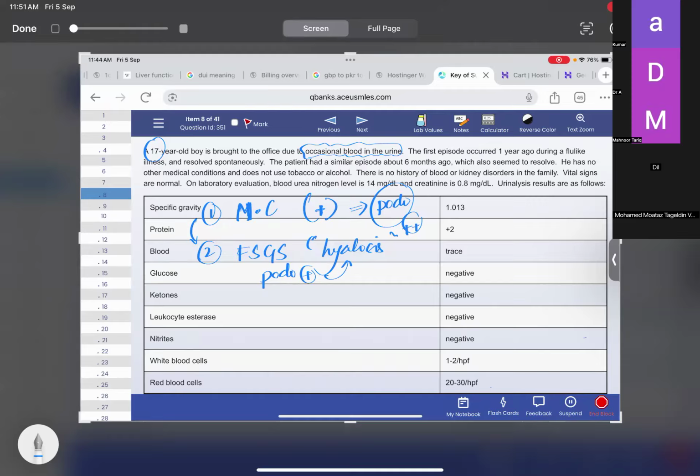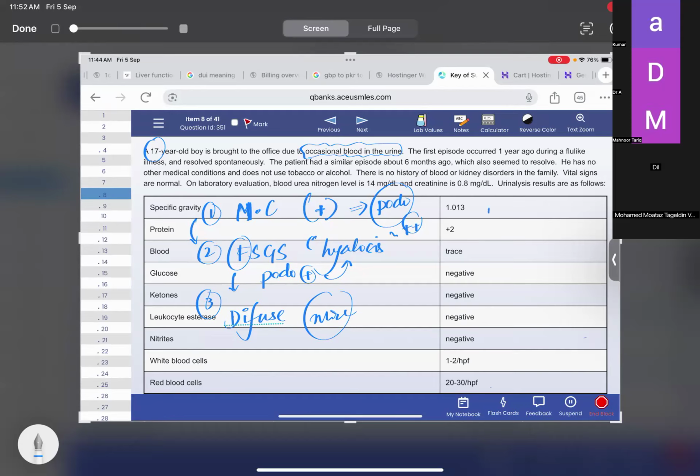If I ask you, it is focal, so what is the opposite of focal? Diffuse, right? So diffuse will be more severe than focal, okay? This is how the disease injuries are.